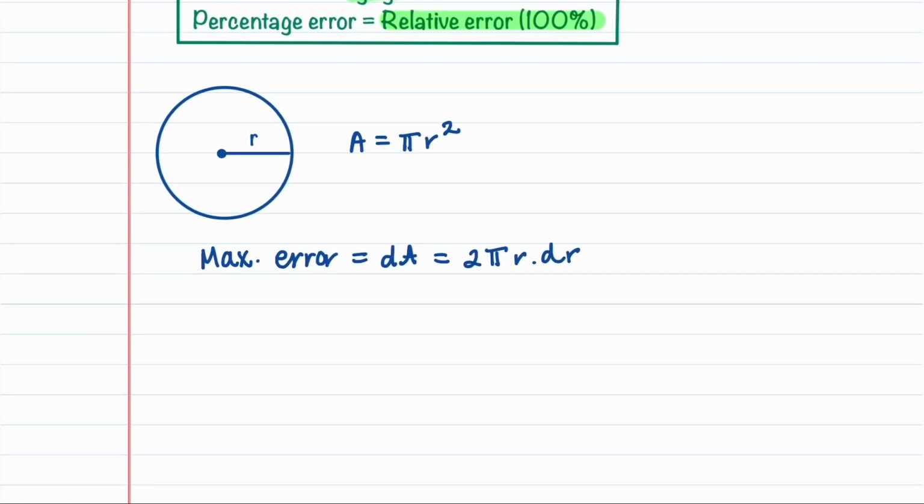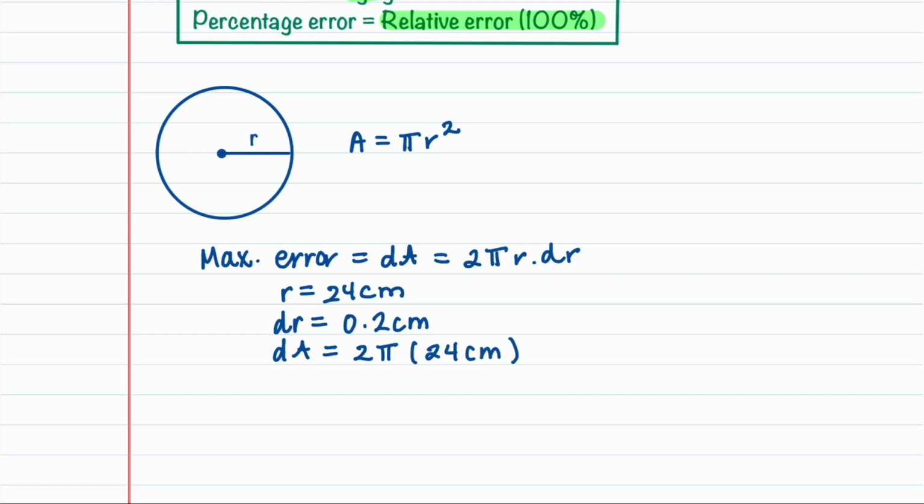We are told that r is 24 centimeters, and then the maximum error in measurement, that's actually dr, and that is 0.2 centimeters. And now we can find dA. So dA is 2 pi times r, which is 24 centimeters.